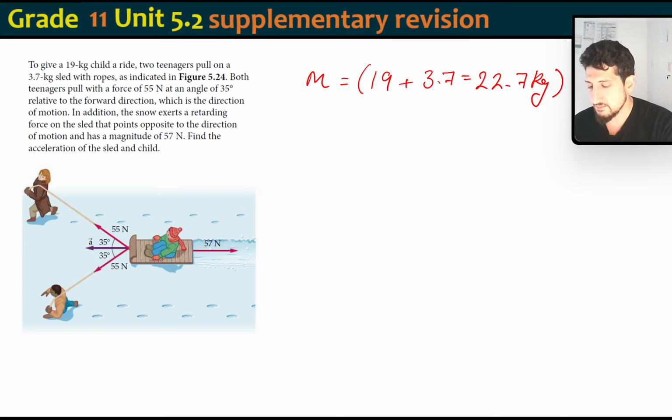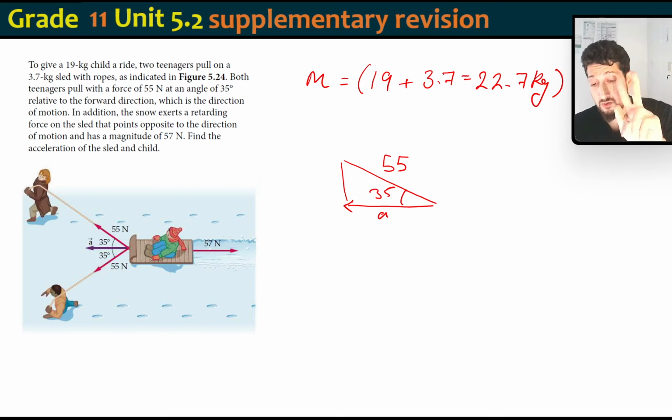Second thing is, we need to work out this force A. How do we work out force A? Well, the rules of mathematics have not changed. This is the adjacent. If we look at the triangle here, we have the hypotenuse and we need to work out the adjacent. And remember, there's two of them, exactly the same. We have 55 and an angle of 35, and we need to work out this side A. If we work out one, we can just double it.